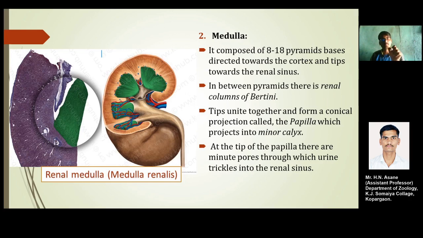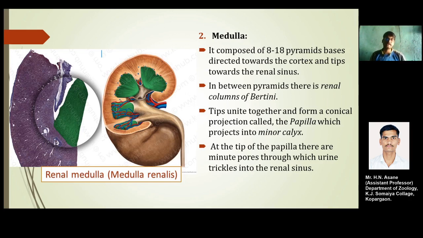That major calyx provides a passage for the urine to pass into the ureter and get collected into the urinary sac. Then after the urinary sac is full of urine, it passes out from the body.